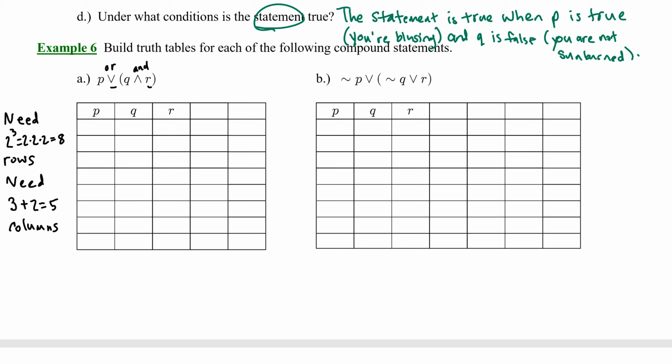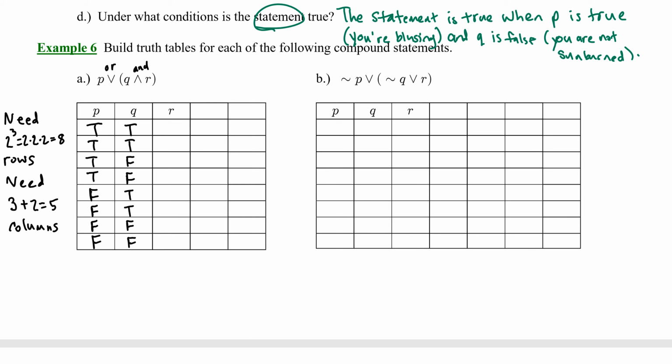Now, to set up a truth table with 8 rows, we're going to fill the first column half with truths, so 4 truths, and half with falses. That's 4 false. Then we're going to alternate 2 and 2 on column 2. That is 2 T's, 2 F's, 2 T's, 2 F's.